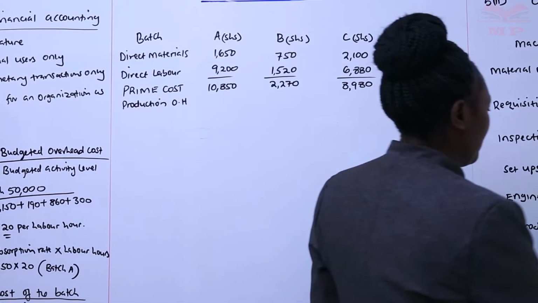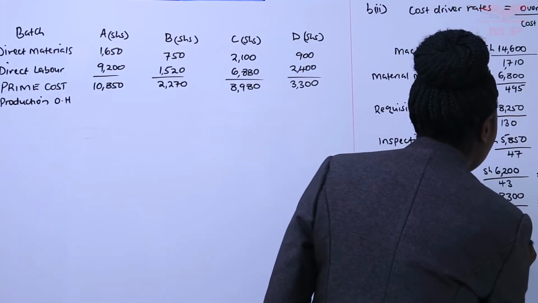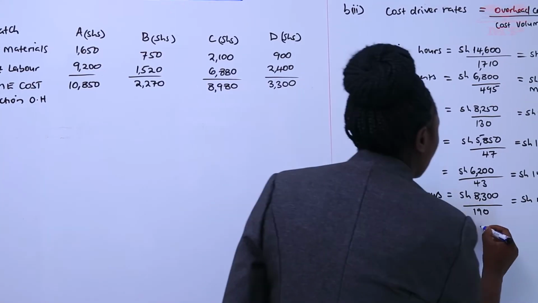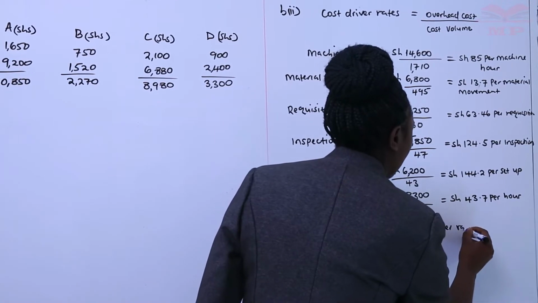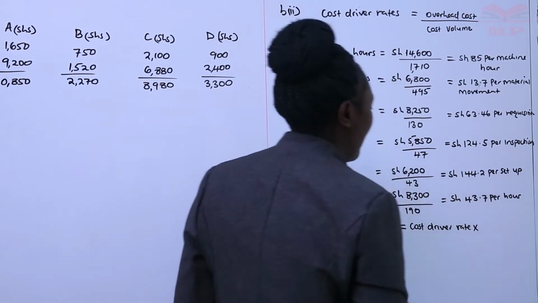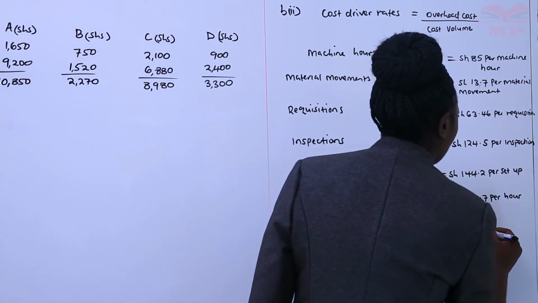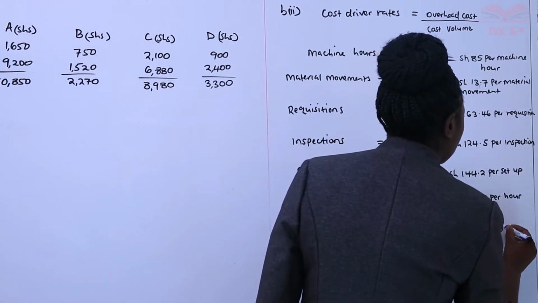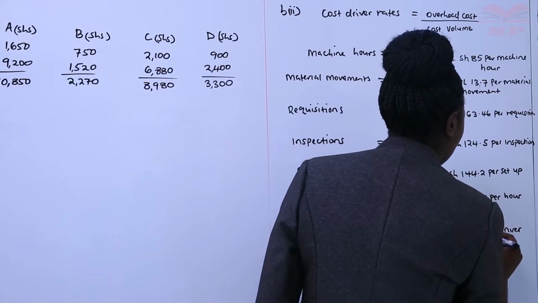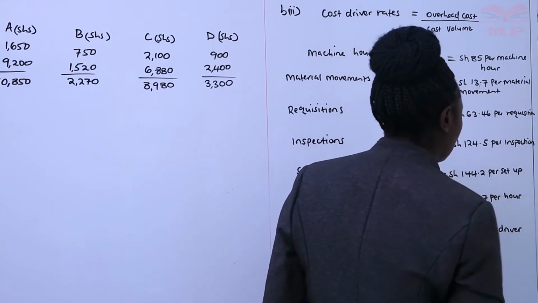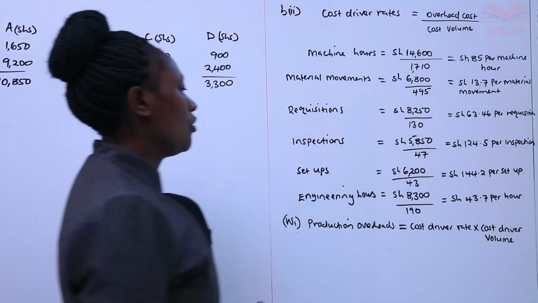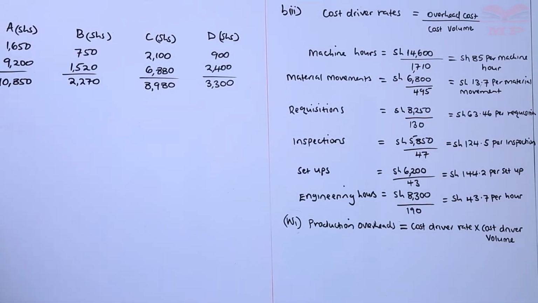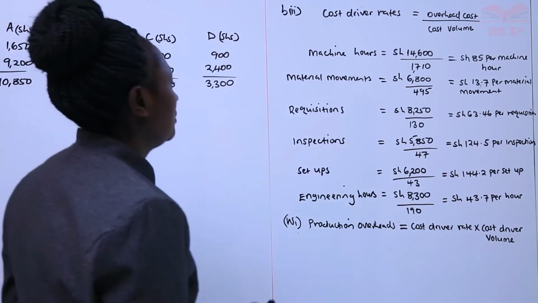So to calculate production overheads, this will be equal to cost driver rate multiplied by cost driver volume.